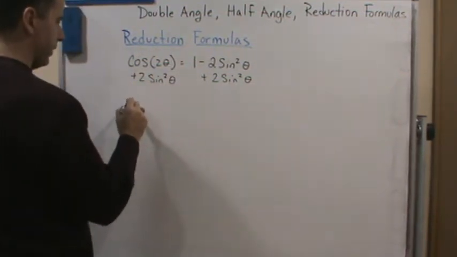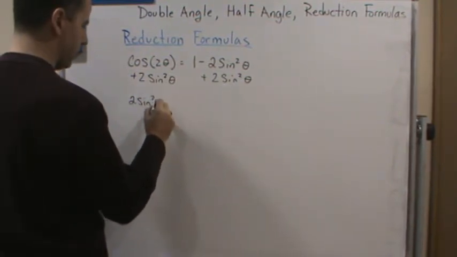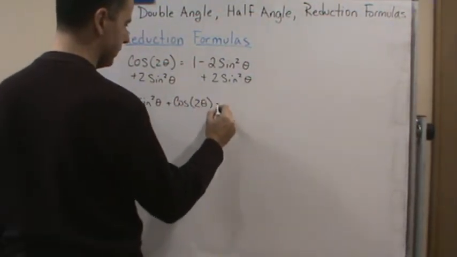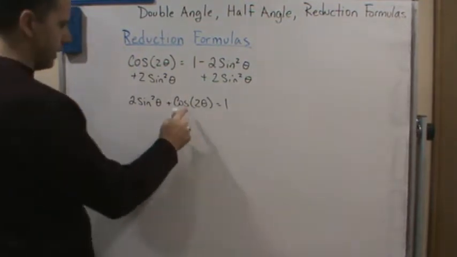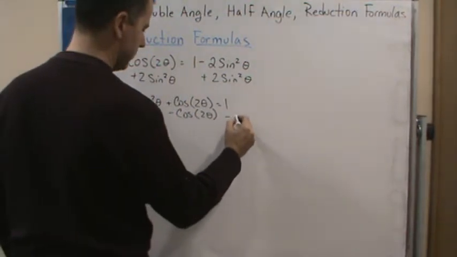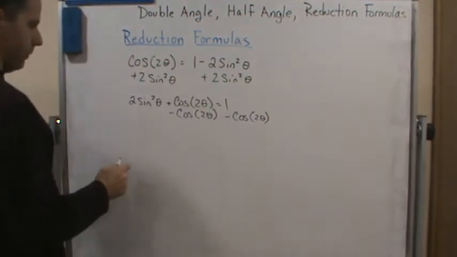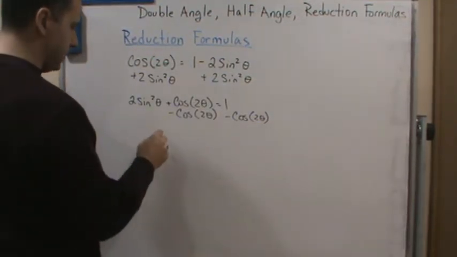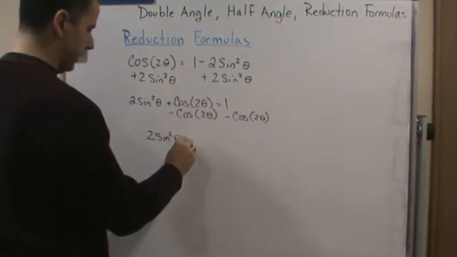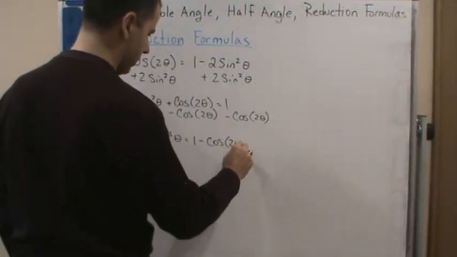And so that's going to give me 2 sine squared theta plus cosine 2 theta is equal to 1. And now I'm just going to subtract cosine 2 theta from both sides. And so that gives me 2 sine squared theta equals 1 minus cosine 2 theta.